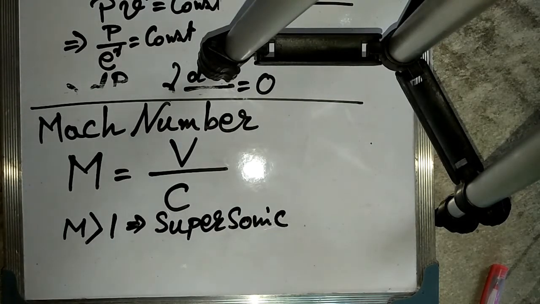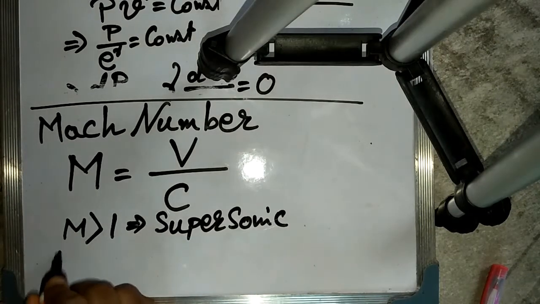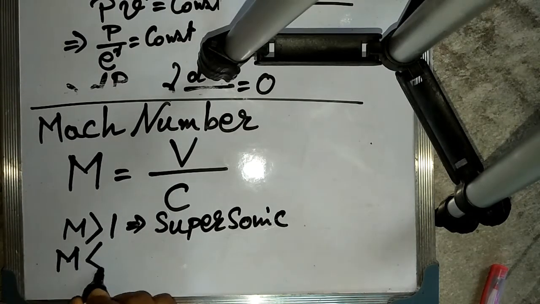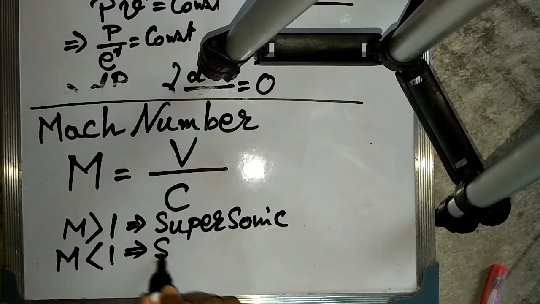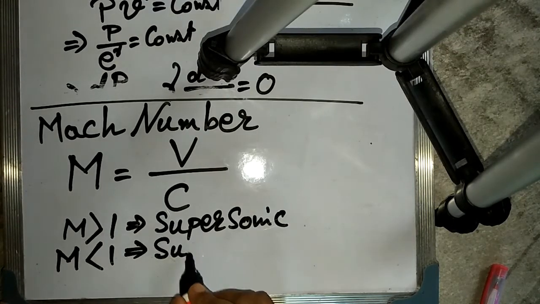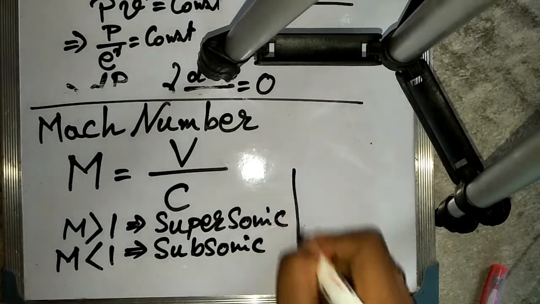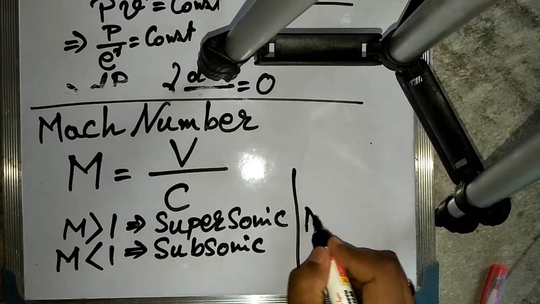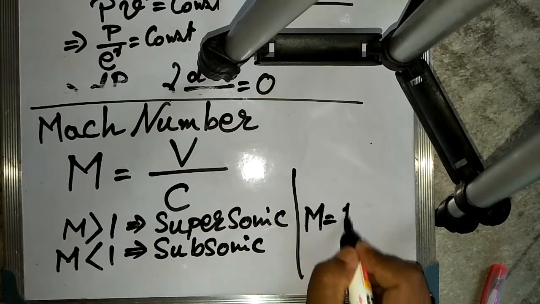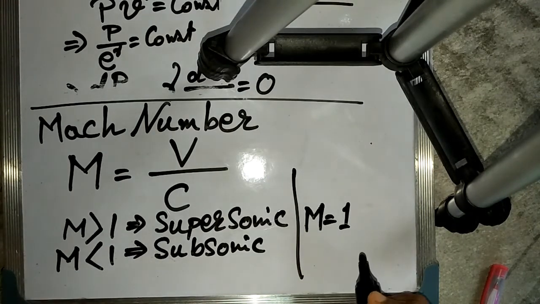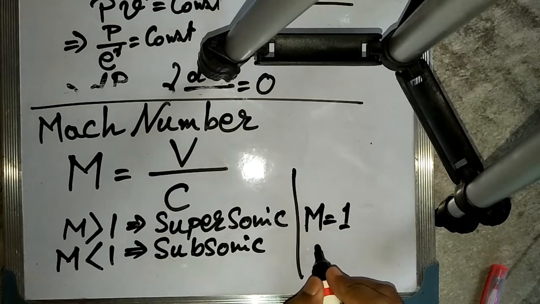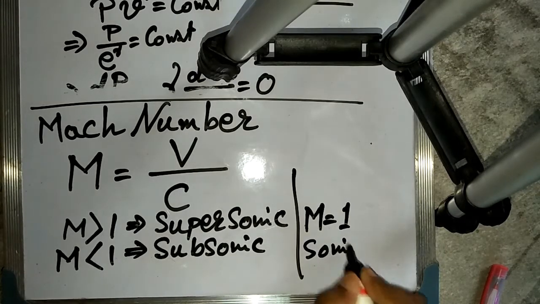When the Mach number is less than 1, the flow is said to be subsonic flow. And when the Mach number is equal to 1, the flow is said to be sonic.